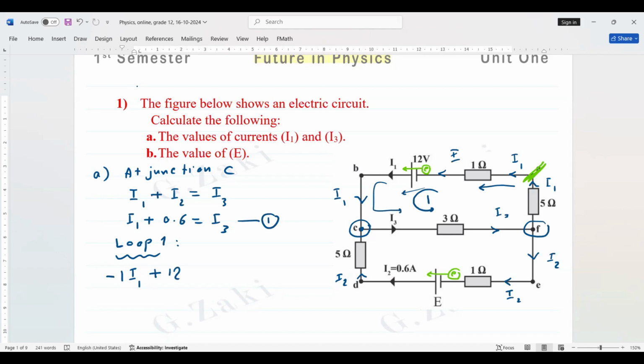The current is I3 and the resistor is 3, and the direction of the current is the same direction as the loop. So it's negative 3 I3. Still, here, the current is I1 in the same direction of the loop, and the resistor is 5, so it's negative 5 I1 equals 0.